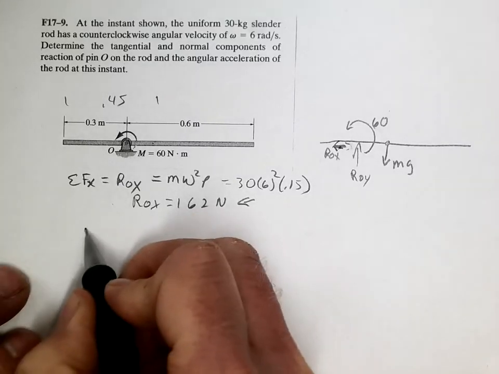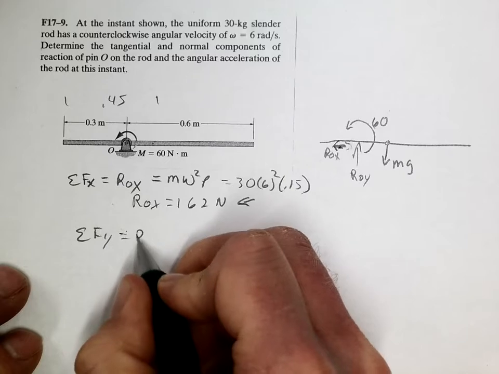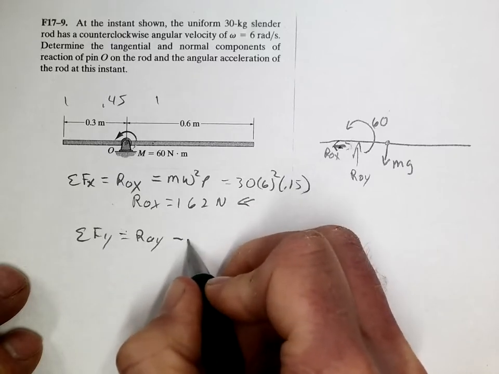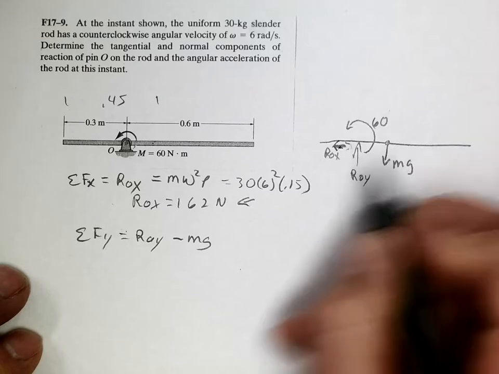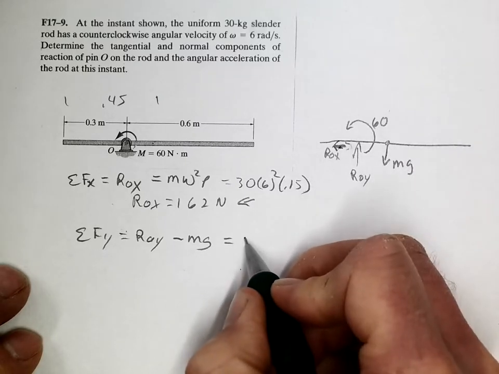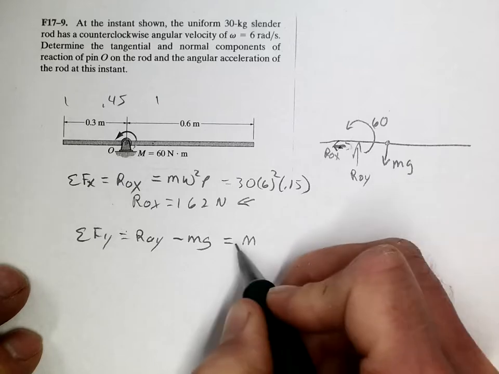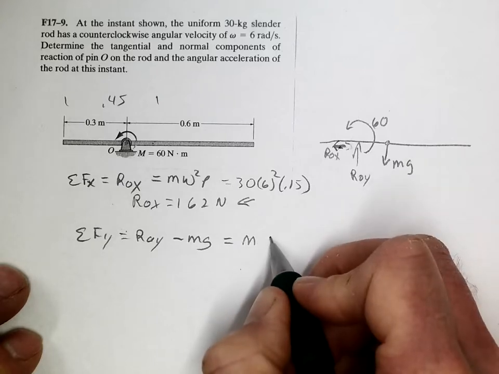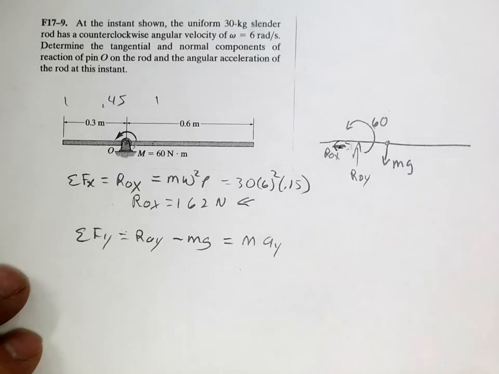So if we sum the forces in the y direction now, we get ROY minus mg, ROY up, mg down, and that will equal the mass times the acceleration of the center of gravity in the y direction.